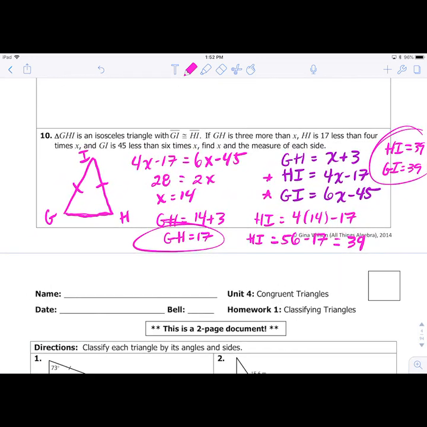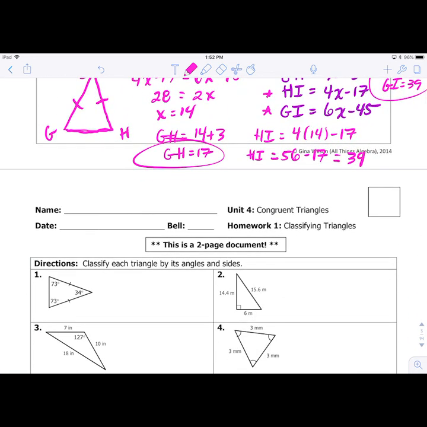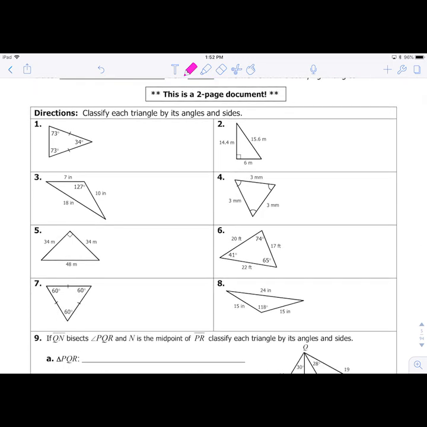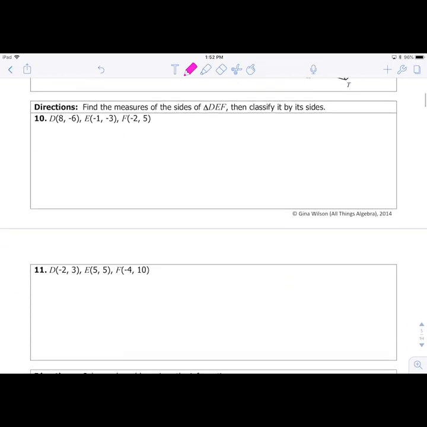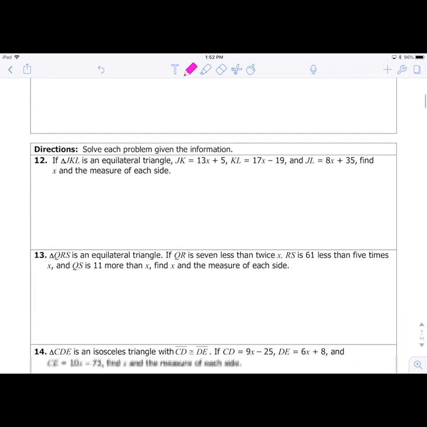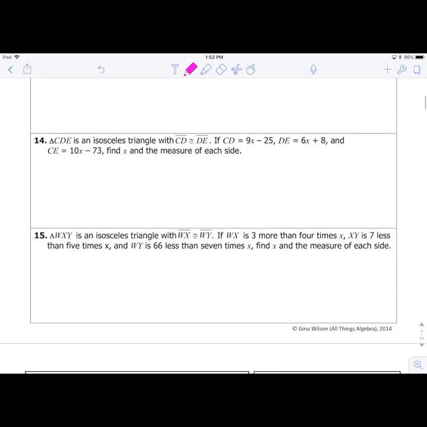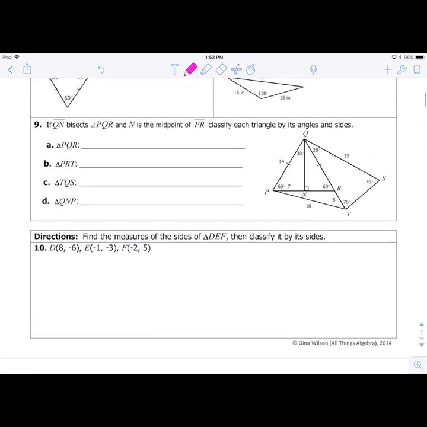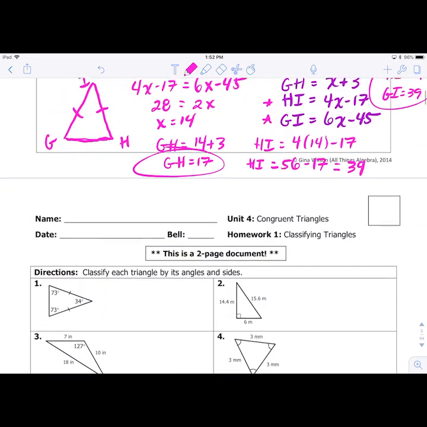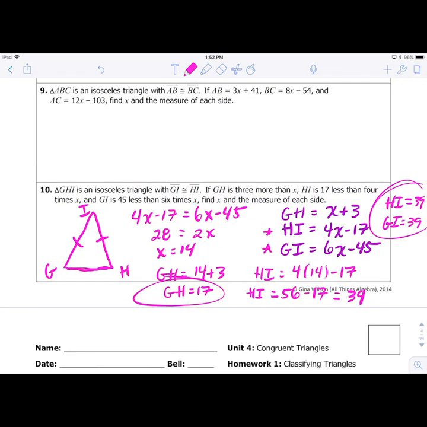What I want you to get in the habit of doing, because when we get into class on Monday, you're going to get this homework assignment. It's right here. All of these problems look exactly like the problems we just did. All right? So make sure that you are working homework out with the notes right in front of you so you can draw connections between what we did in the notes and what we're going to do on the homework.